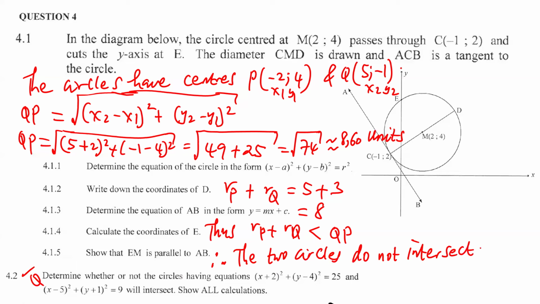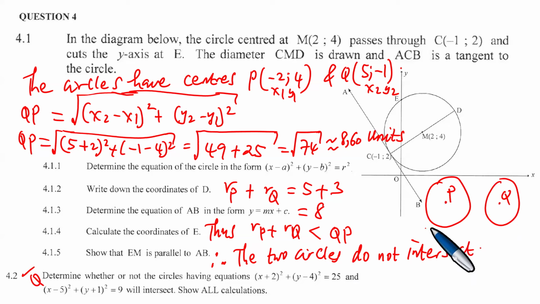The fact is that the sum of the radii of these circles, when added, is less than the distance between the centers. So the distance between the centers is much bigger. Here is one circle, and here is another circle. Maybe this one is P and that one is Q; these things are not to scale.